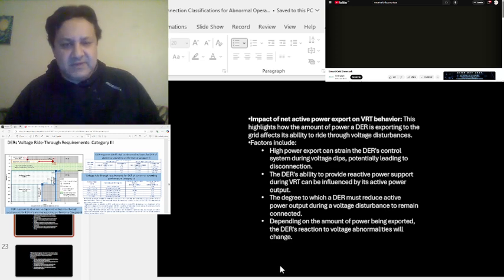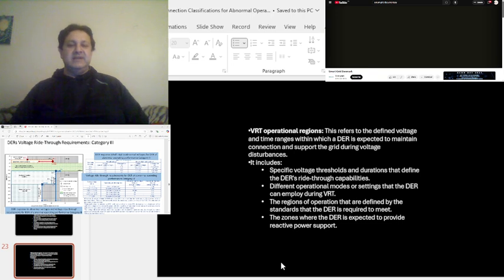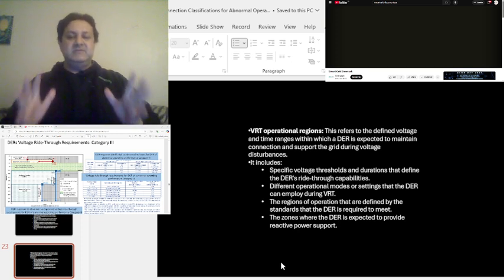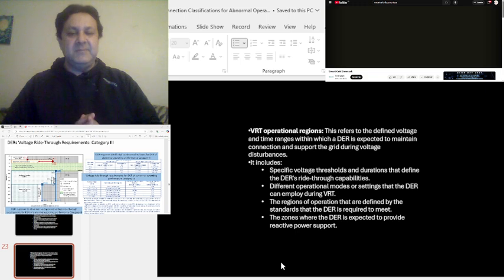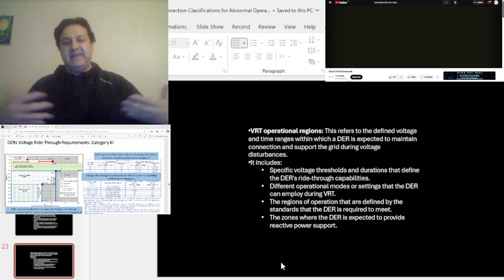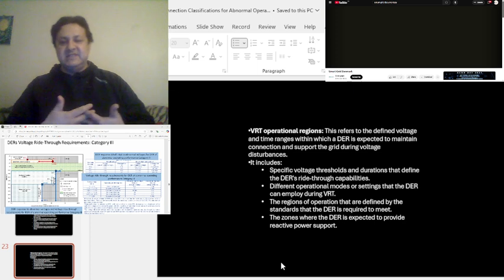There are many others, but at this point it's not necessary to go into details because I have to cover the frequency. VRT operational regions. This refers to the defined voltage and time ranges within which the DER is expected to maintain connection and support. As I said, the time is an important thing and the range is an important thing.